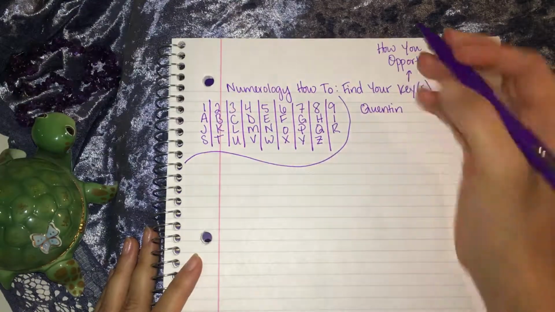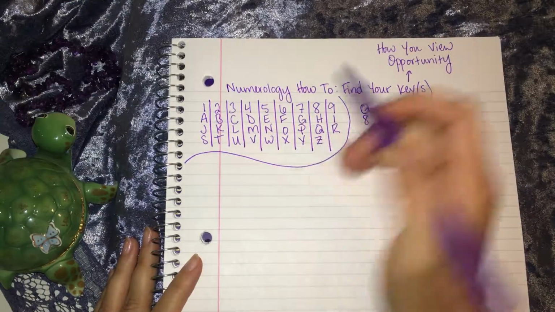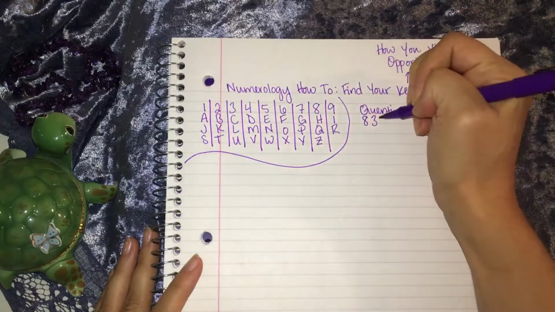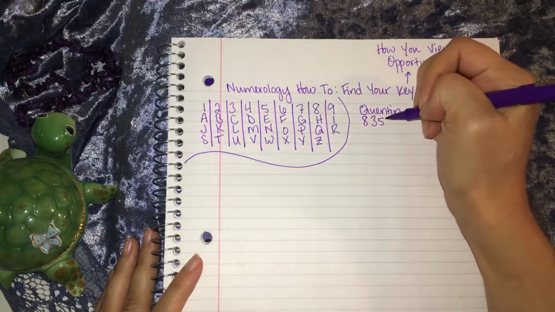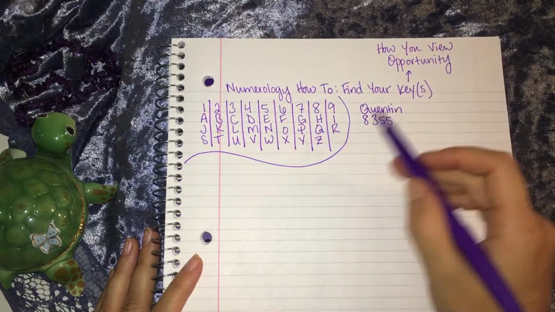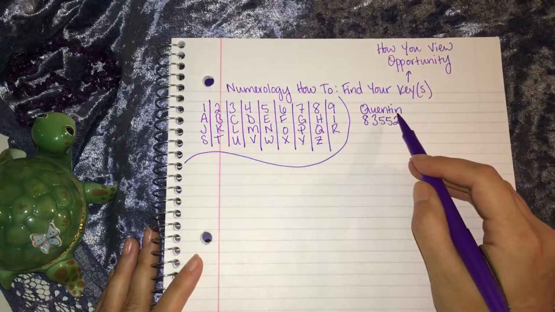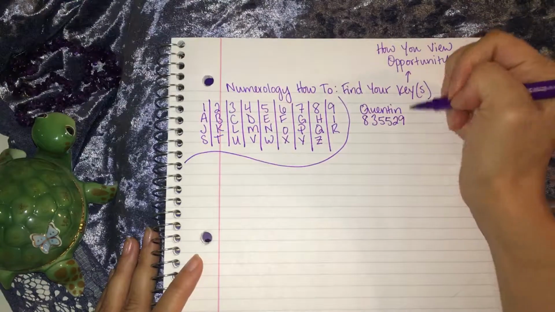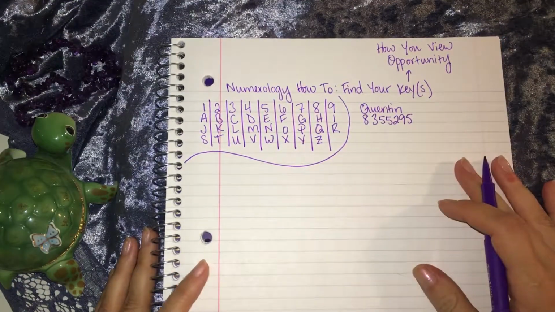So Q right here is an 8, U is a 3, E is 5, N also 5, T is a 2, I is 9, and N again is another 5. So that's the first step.